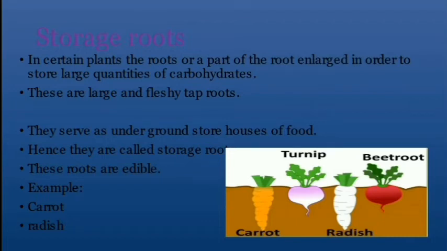In certain plants, a part of the root is enlarged in order to store large quantities of carbohydrates. These are large and fleshy taproots. They serve as underground storehouses of food. Hence, they are called storage roots. These roots are edible. Examples of storage roots are carrot, radish, turnip, etc.